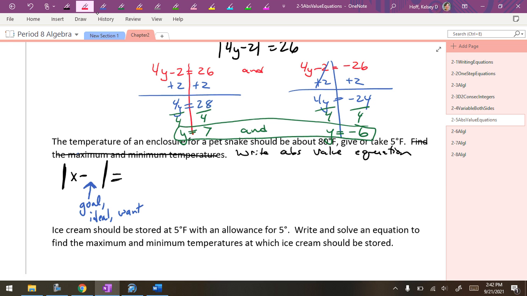It's going to equal, and the number you put out here is your give or take, or the change, the variation.